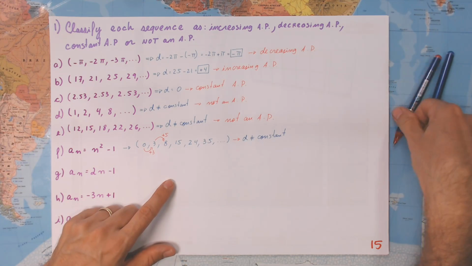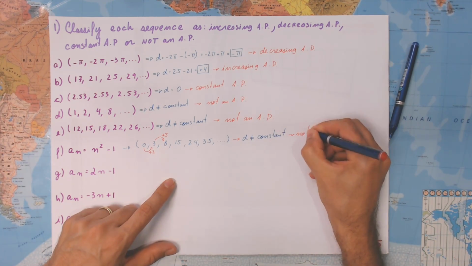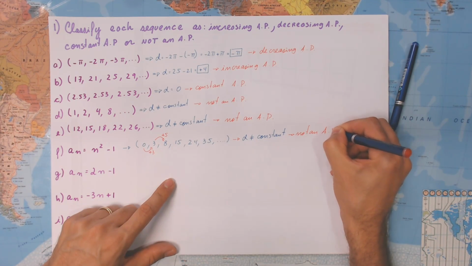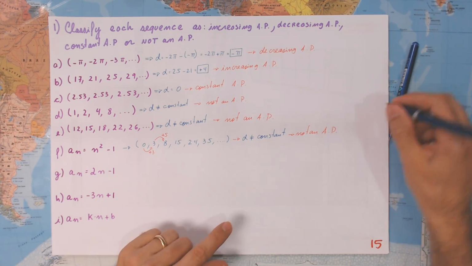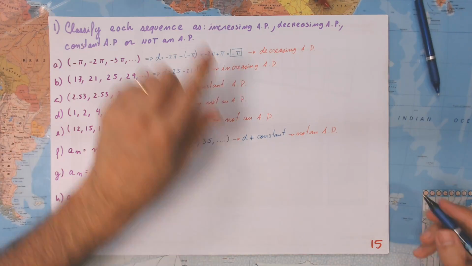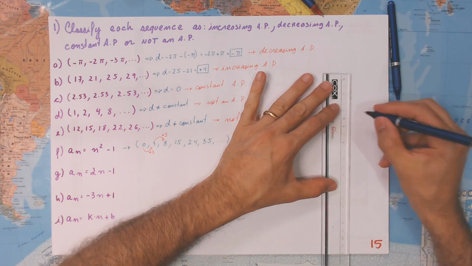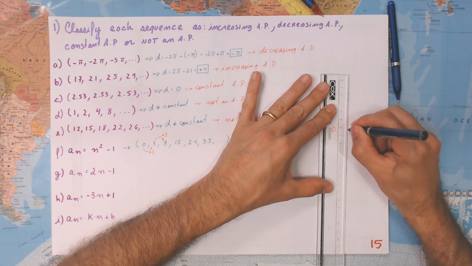It is changing, okay? And therefore not an arithmetic progression. And let's just build the chart of this thing in here. It's interesting to see that.